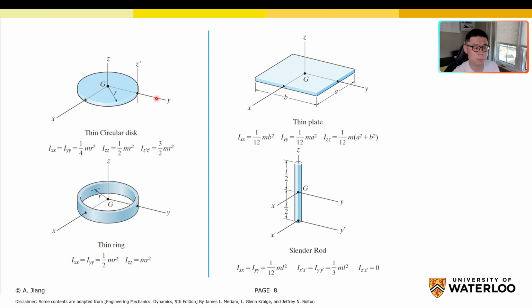If it rotates with respect to the z-axis here, then I is calculated as 1/2 m r squared. Another common axis this disk may be rotating about is this z prime axis. If that's the case, then I is calculated as 3/2 m r squared. So these three different equations really depend on which axis the thin circular disk is rotating about.